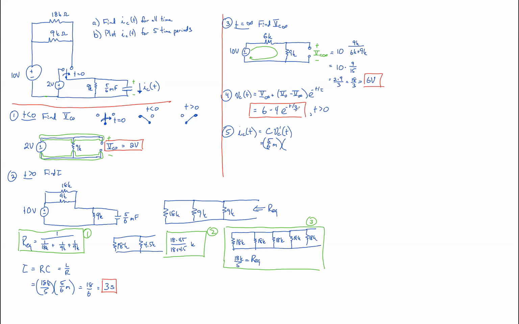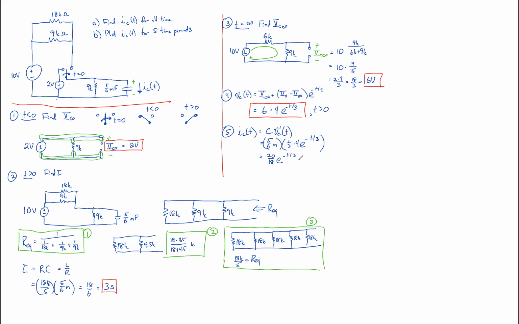And the derivative of this is pretty easy. The derivative of a constant goes away. The derivative of the rest of it, this minus cancels with this minus, and we get 1/3 times 4 e to the minus t over 3. So let's see, that gives us 5 times 4 is 20 over 6 times 3 is 18 e to the minus t over 3.